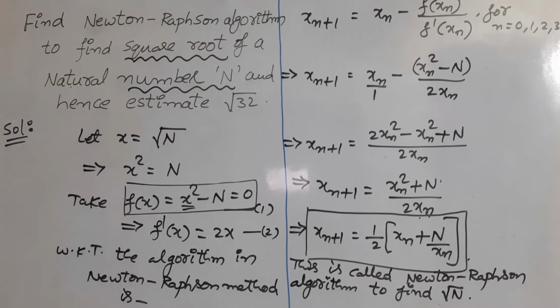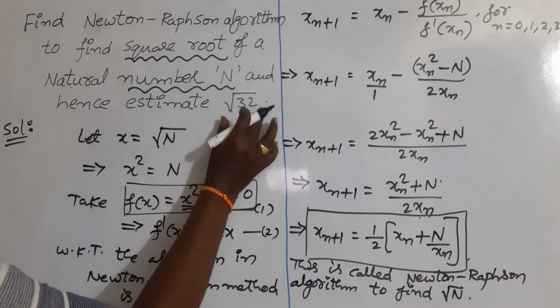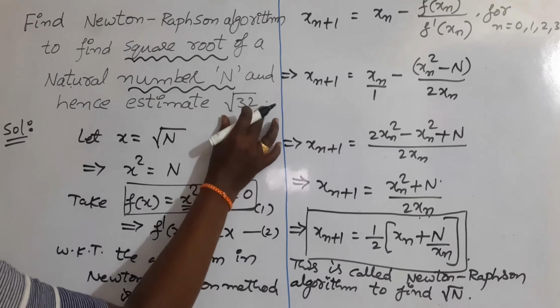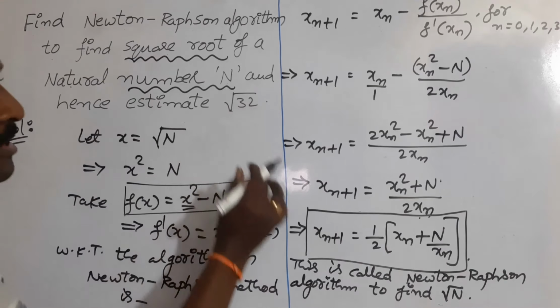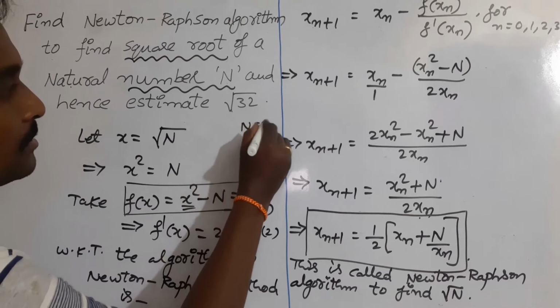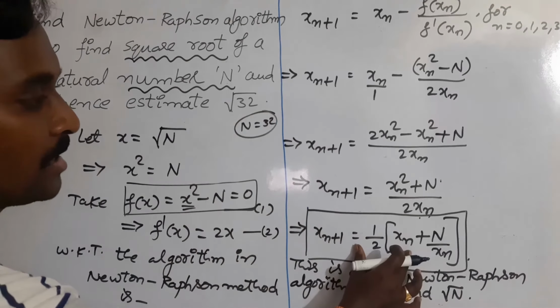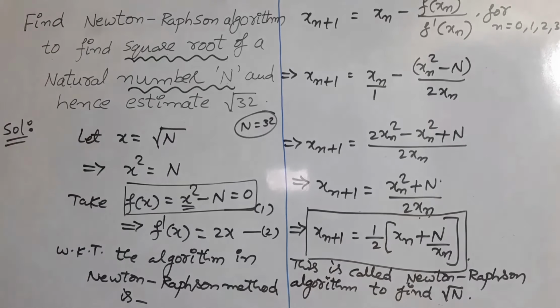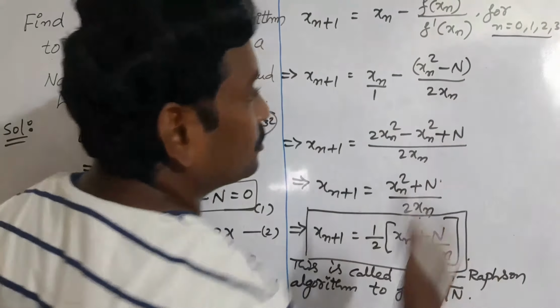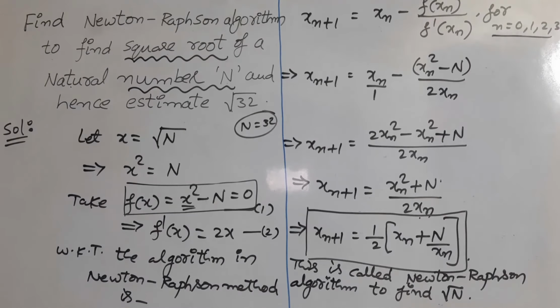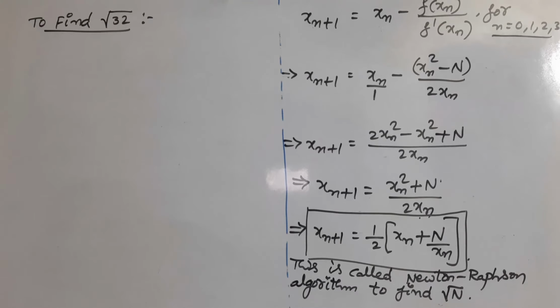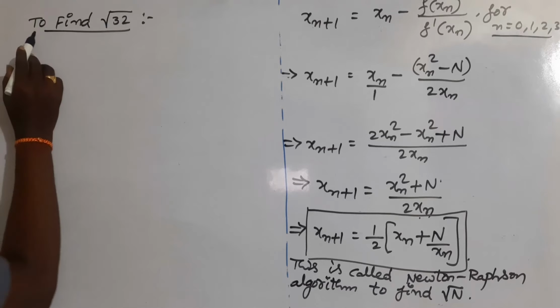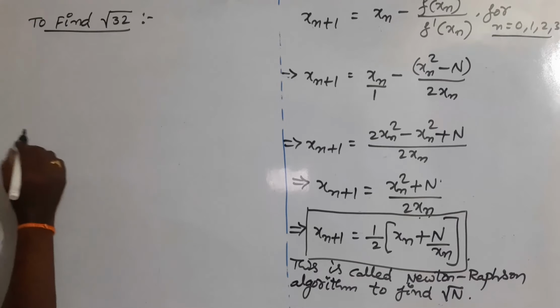Now it is enough to find root over 32. So for the value of root over 32, replace capital N is equal to 32 in this formula. And we have to evaluate various approximations by replacing n is equal to 0, 1, 2, 3 and so on. Now take a heading: to find root over 32.